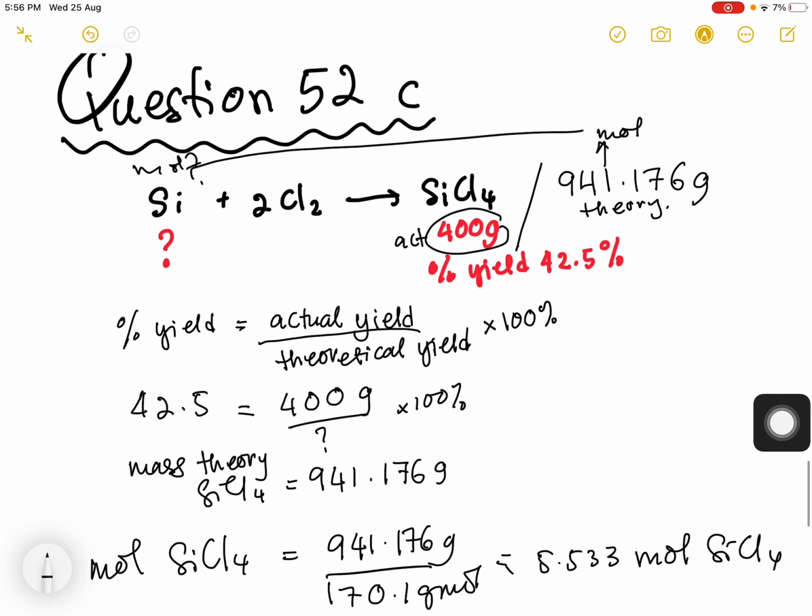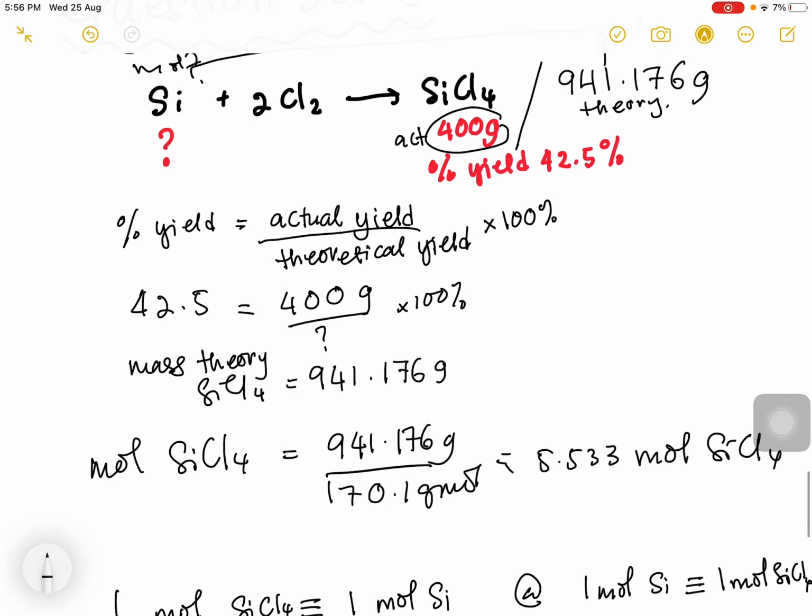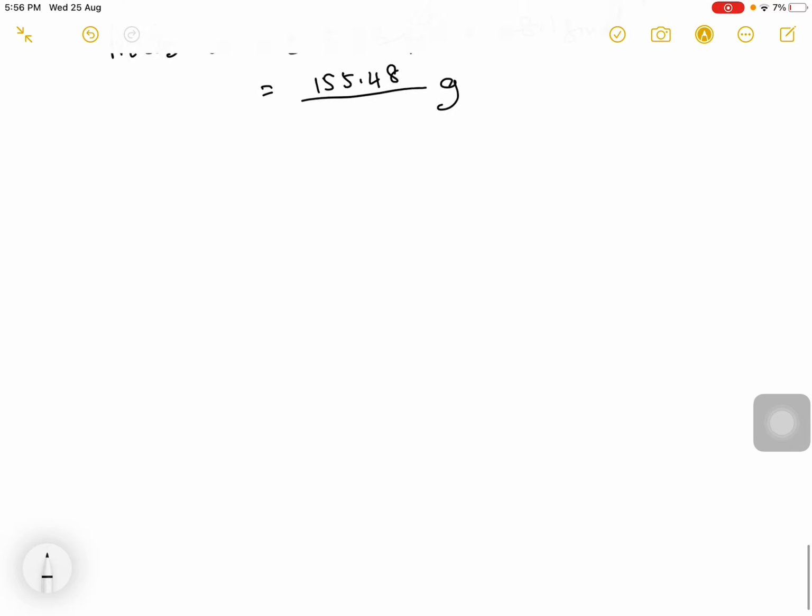Oh, there is a next question. It says 15 mol of chlorine. I thought the question was already finished. Okay, 15 mol of chlorine is used to determine the amount of unreacted.